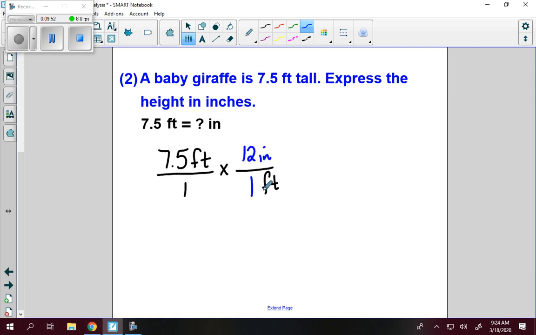It's a good thing I put foot there because I would never put 12 here. If I did, then I would have 1 inch is 12 feet, and I know that that's not right. So I'm going to cancel these. And when I do the math, I get 90 inches. Awesome.